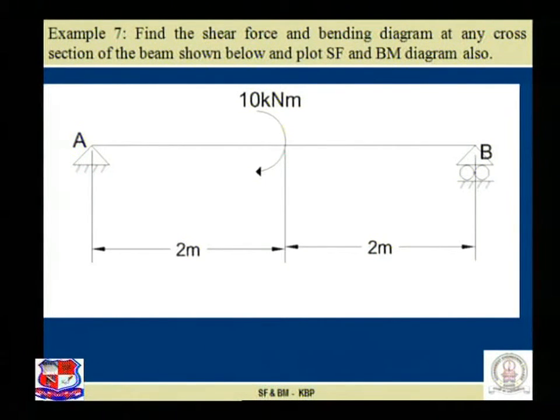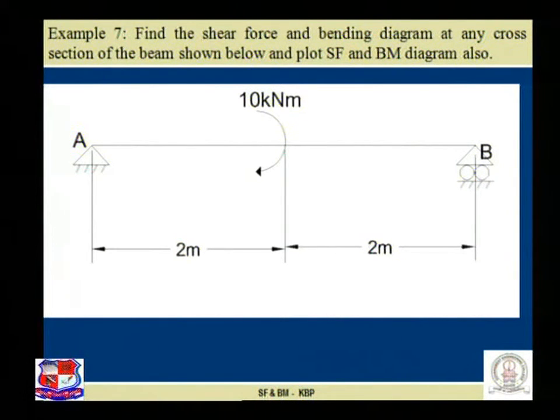Now, next problem. The given beam is a simply supported beam subjected to a concentrated moment at the center. Just see the unit, kilonewton into meter, that is the concentrated moment acting at the CG.